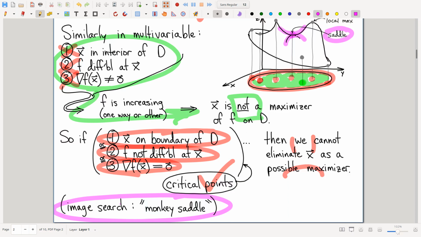A monkey saddle hangs downward in two forward directions and in one backwards direction for the monkey tail, right? Adorable, right? And then upward in three different directions to separate those from each other. So it's a really interesting picture, and again, there is no single variable version of that. They also have all sorts of other wacky kinds of shapes that can happen.